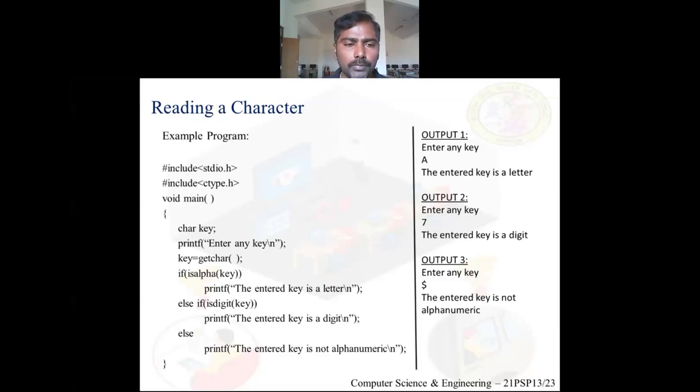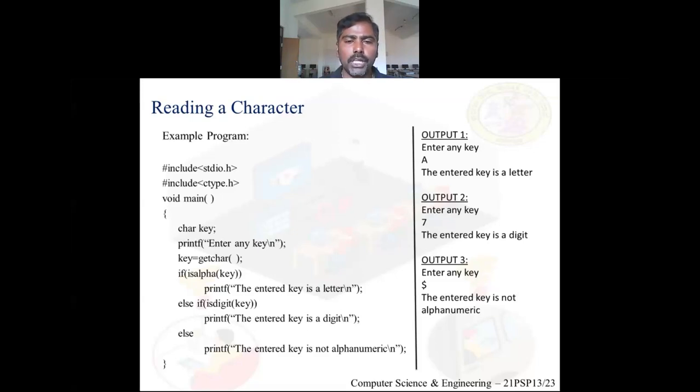Let me assume you pressed an alphabet, and after pressing it, you pressed enter. Now the getchar function reads that alphabet and stores it into the memory location identified by the variable named key.